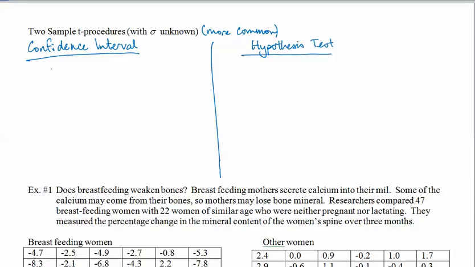So for our confidence interval, once again, these equations are on your formula sheet. We have estimate plus or minus the margin of error. And so our estimate is the difference in sample means.